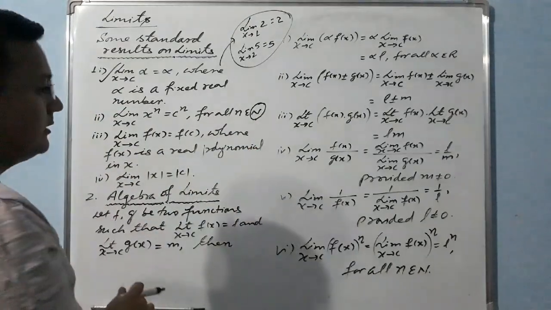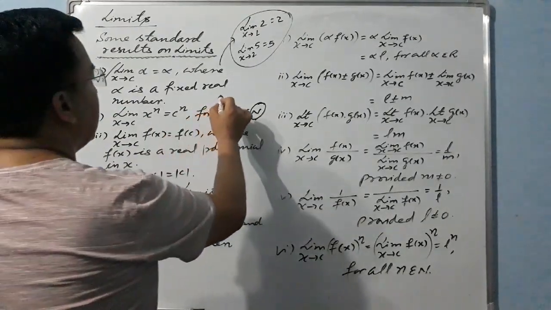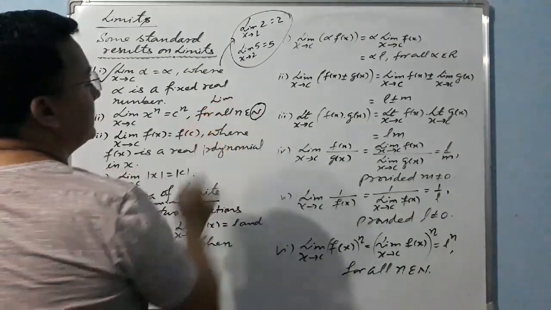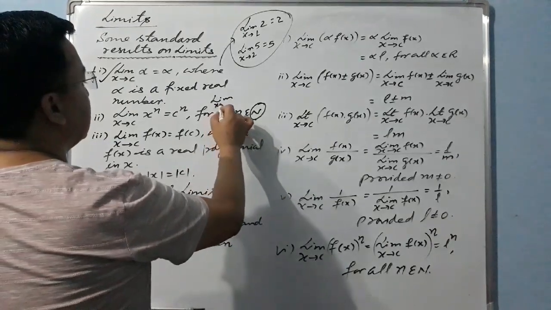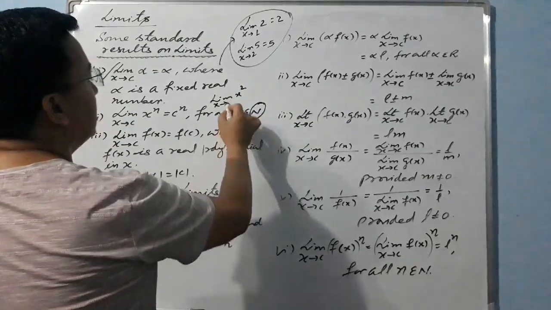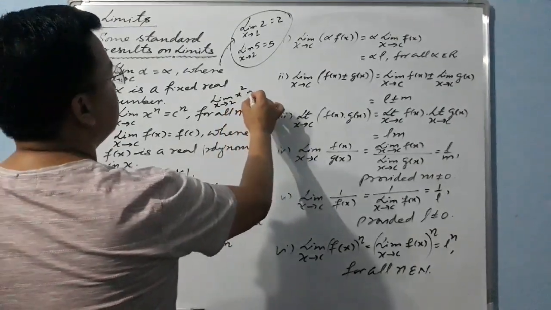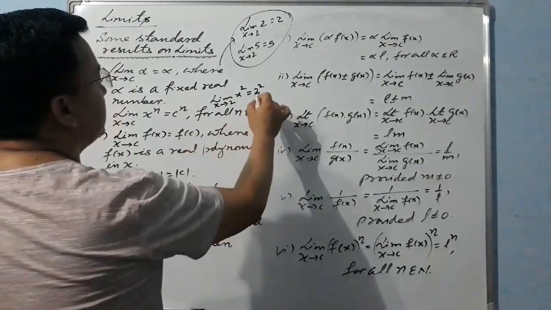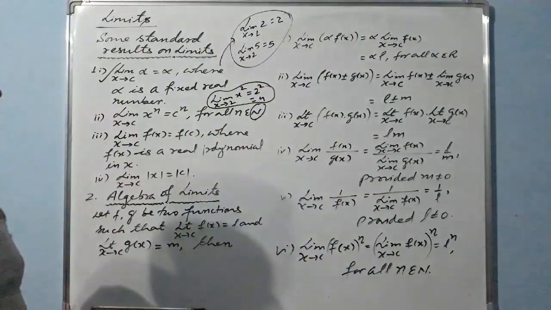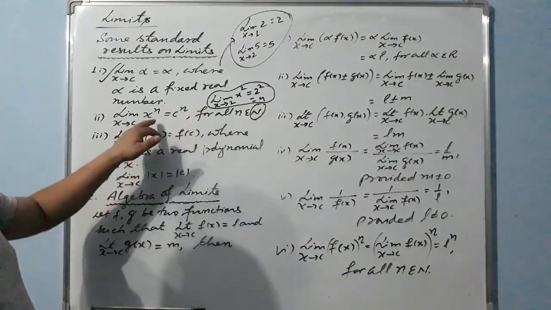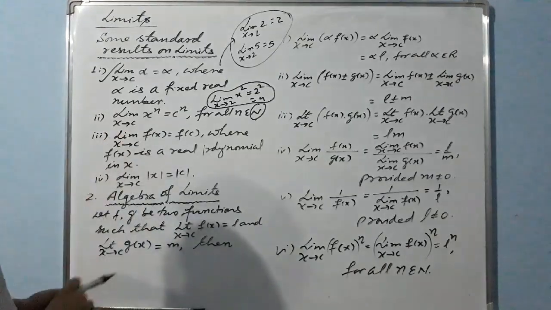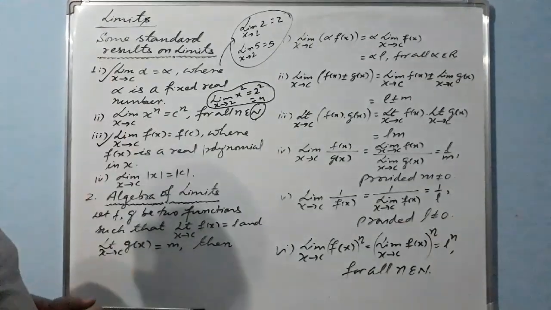To explain this, take the limit of x raised to power 2 as x tends to 2. We can write 2 raised to power 2, which according to this is equal to 4. So 4 will be the limit of the function according to this standard result. Now clear? Let's move on.